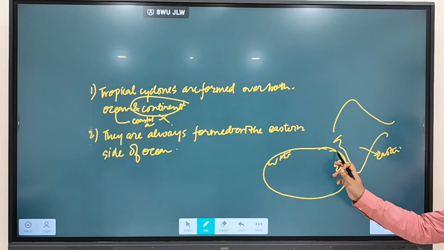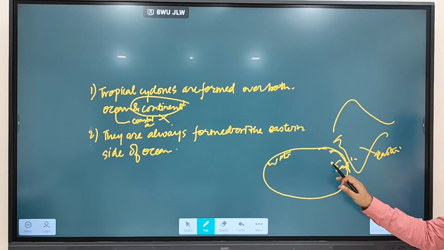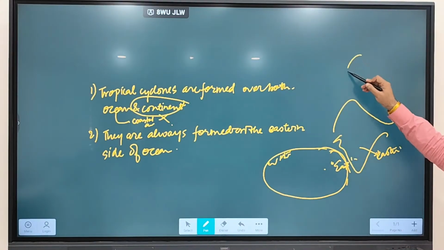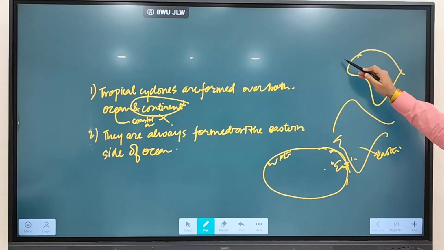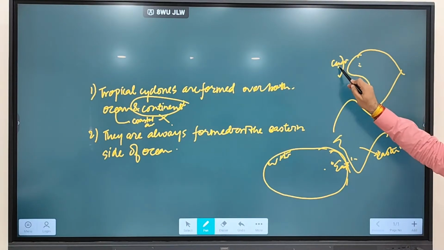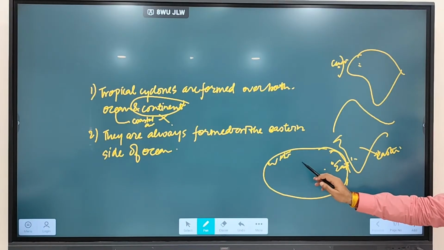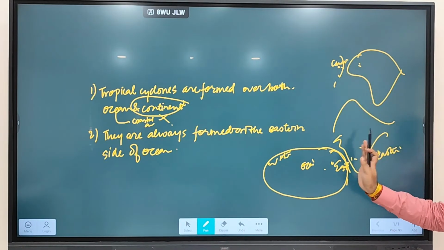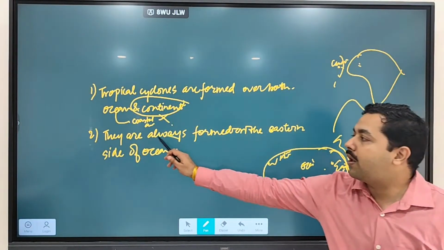So we discussed that on the continent's western side, you are seeing which type of current? A colder current, which is the Canary current. So it is on the continent's west side. But if you take the ocean, it is the oceanic east side. Clear?